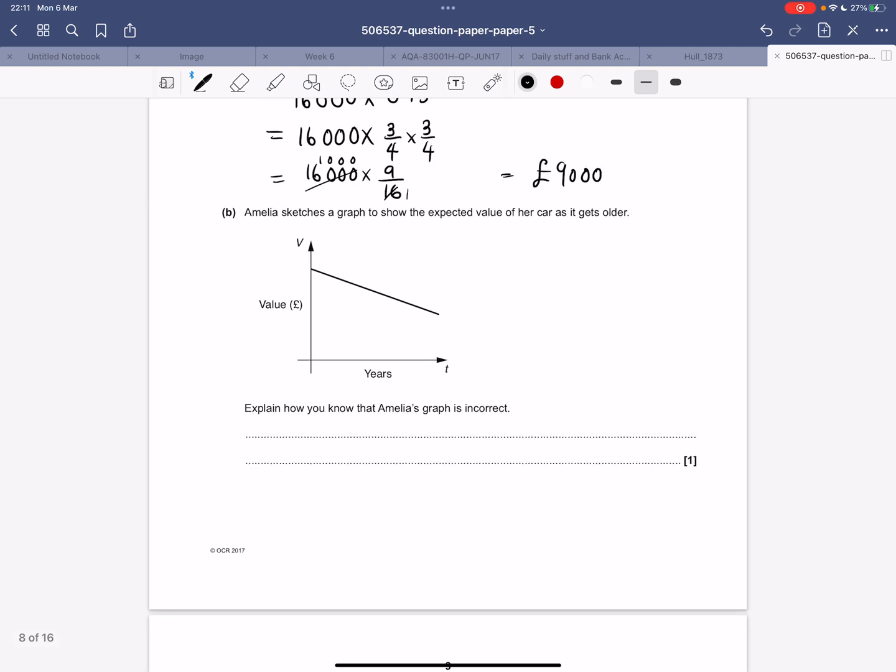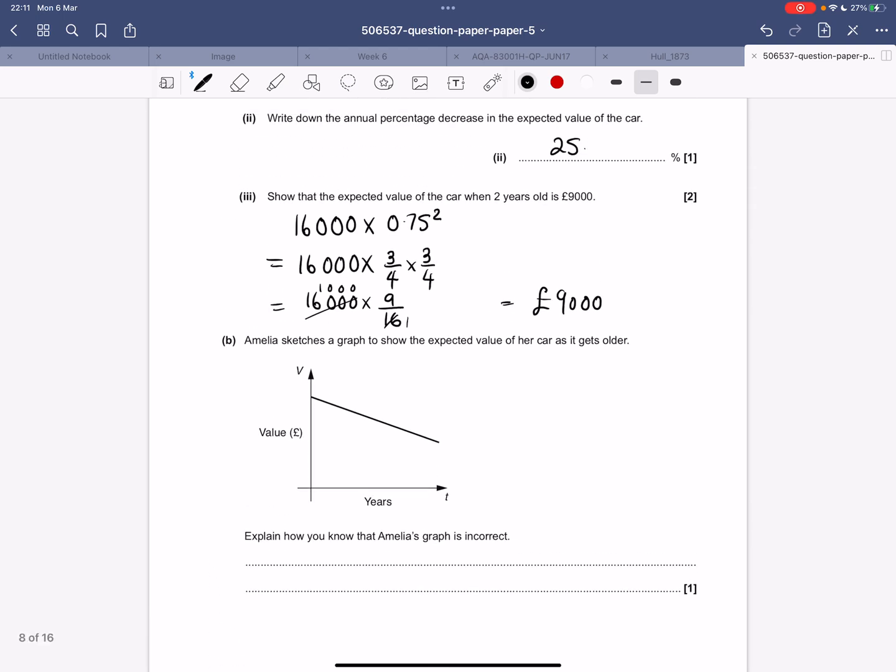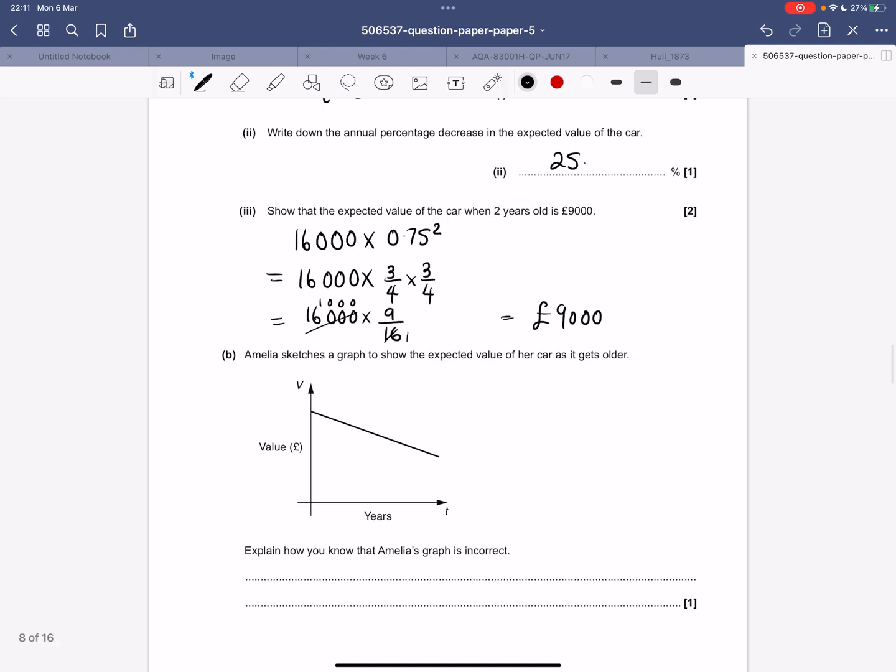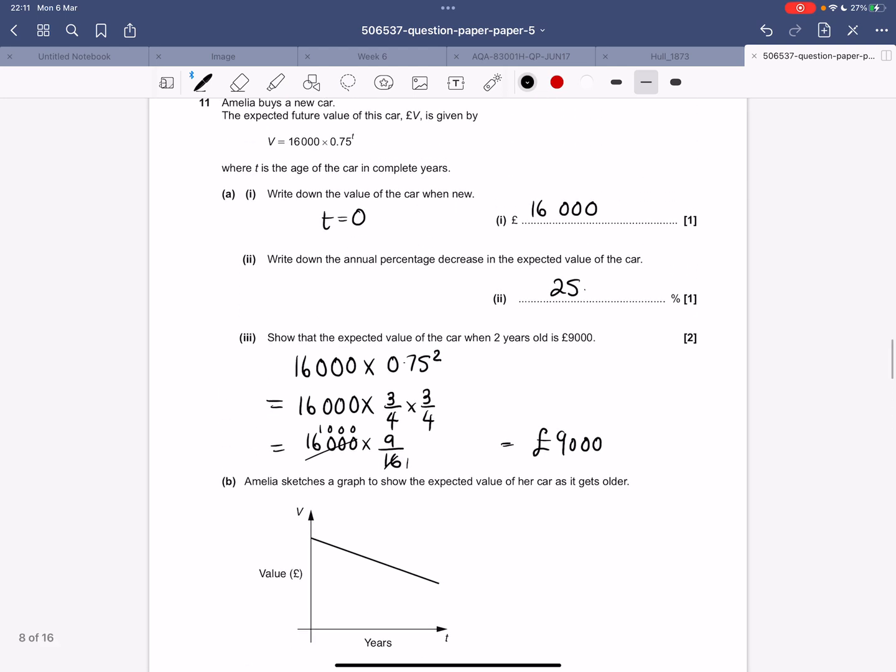Amelia sketches a graph to show the expected value of her car as it decreases. Explain how you know that Amelia's graph is incorrect. It's not a straight line graph, I guess is what they want to hear.